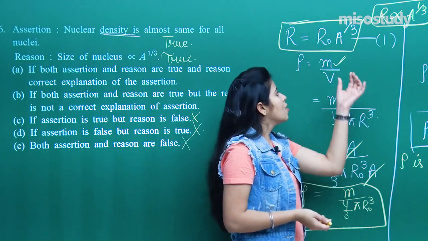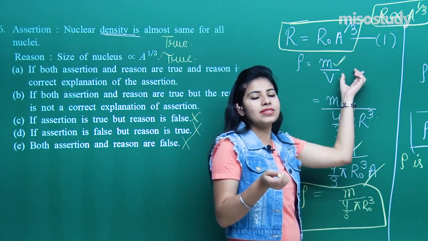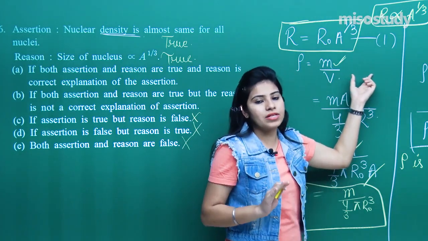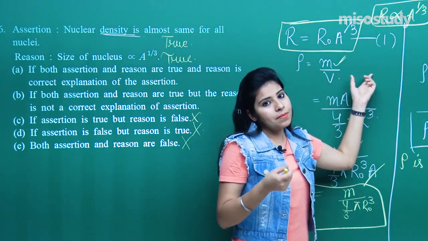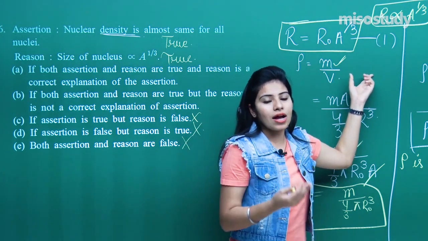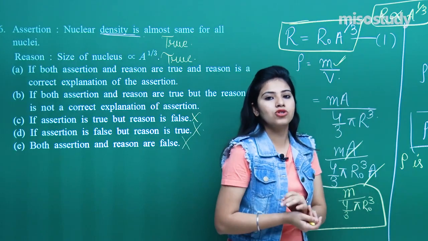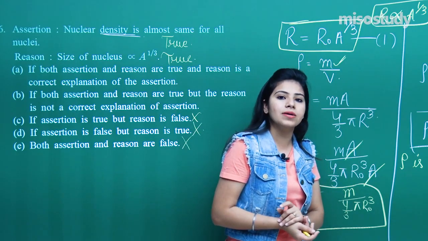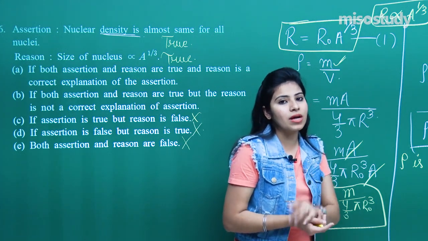So from this relation basically we can say that since density is proportional to m, density will remain same. But yes, because number of protons and neutrons change in the nuclei, this is not a direct relation of density with the mass number.